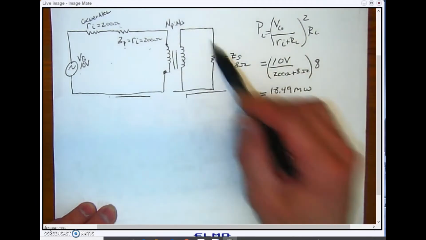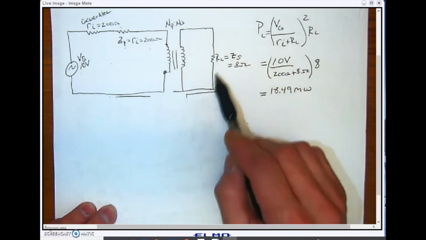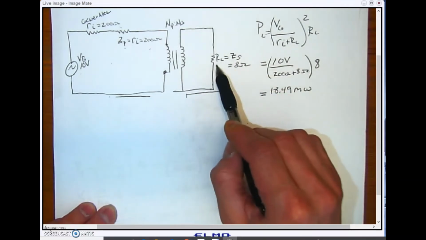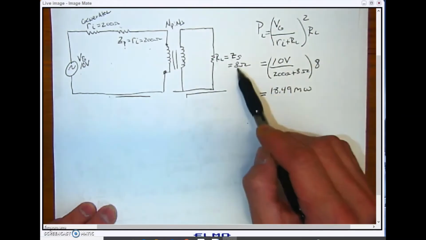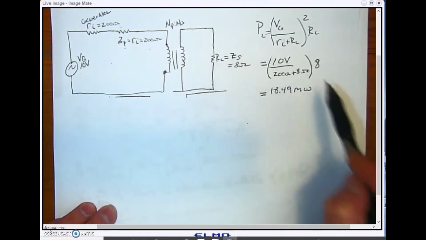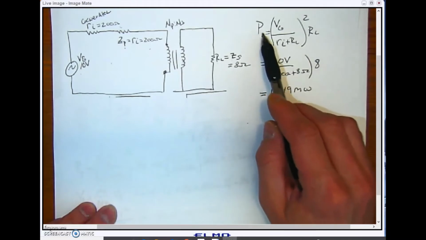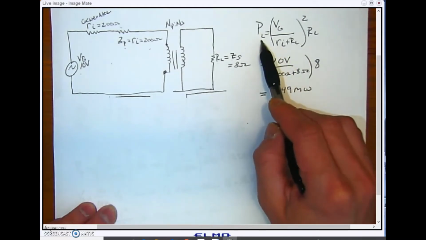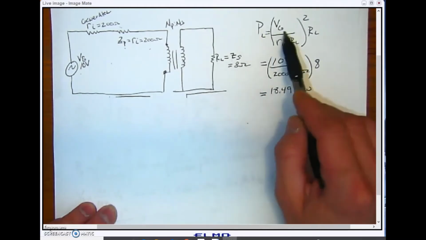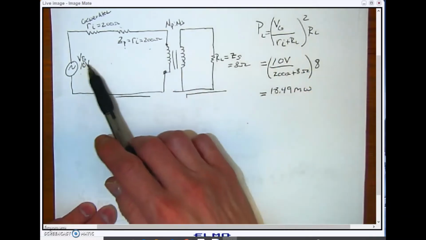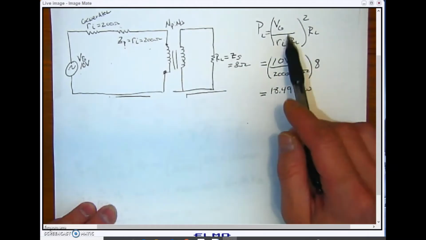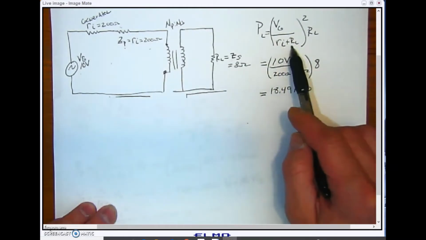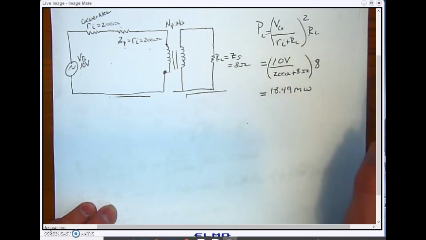For now, we don't have any other active or passive components. We just have one resistor RL, which is called a load, which is equal to ZS. So that's the reason why ZS is equal to RL. So if we want to know the power in the primary load, it is equal to VG, that's the voltage of the generator, over RI plus RL, and we square it, times RL.